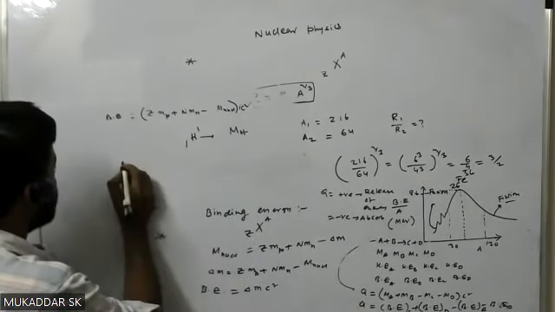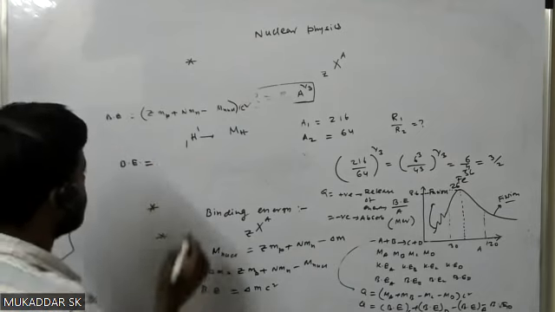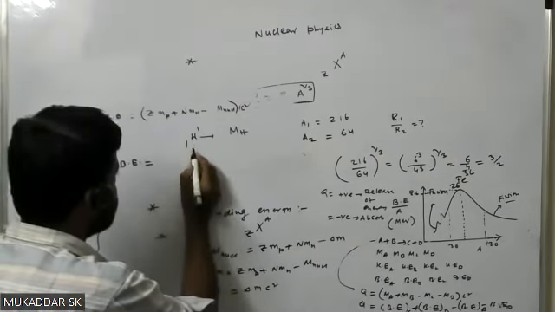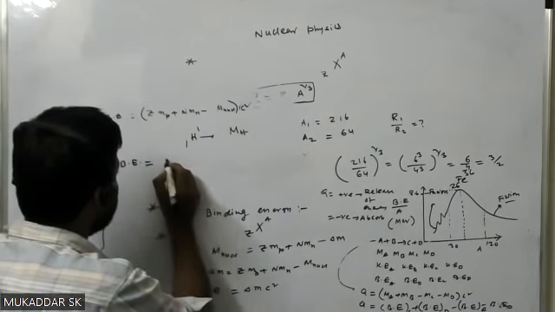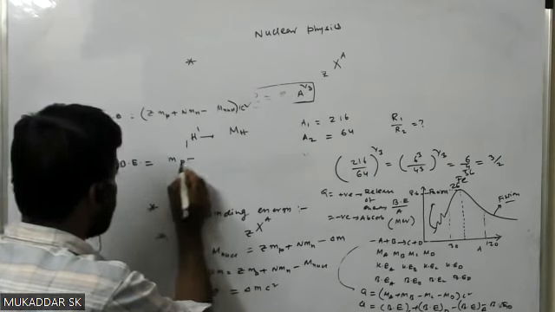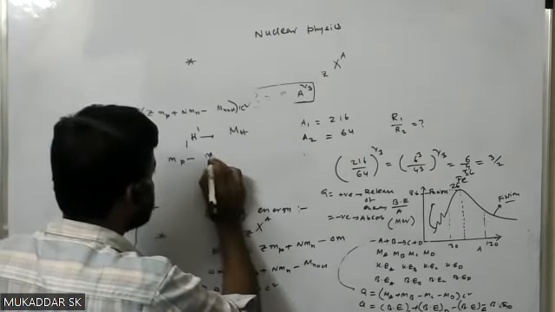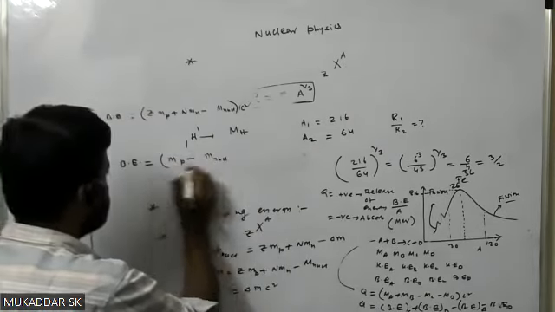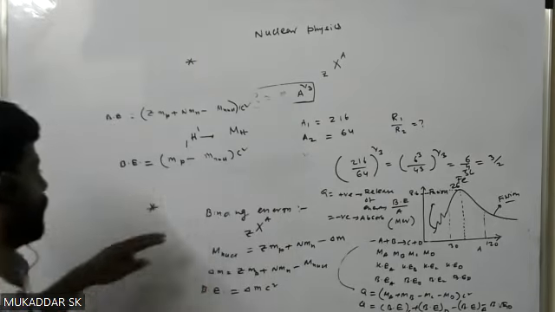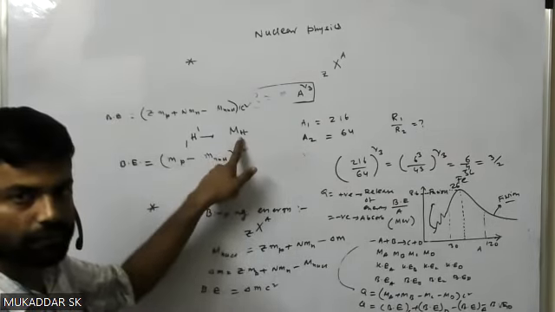I will write the binding energy formula. You know the binding energy formula. Here the hydrogen nucleus contains only one proton. So I can write mp minus the actual nuclear mass of hydrogen, into c squared. Now you have to calculate this in terms of the mass of the atom.